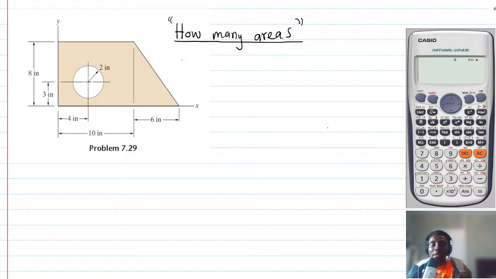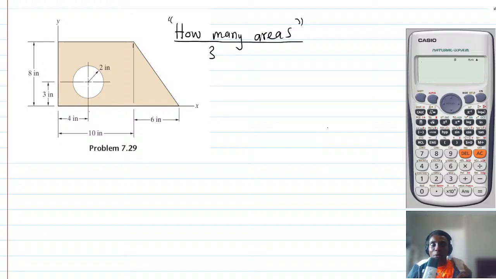You can see a circle, a rectangle, and a triangle, right? So three, thank you, three. Good. Now that you have seen that it's three, the next question is, how can we get the centroid of this area?